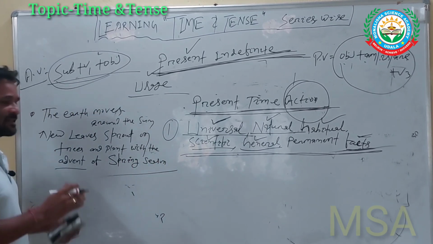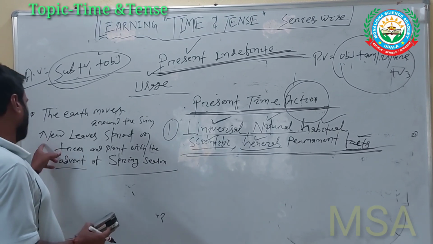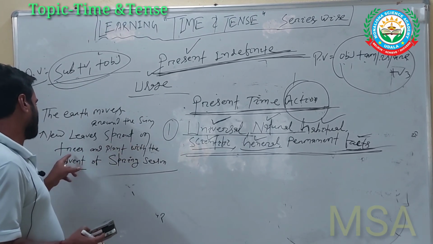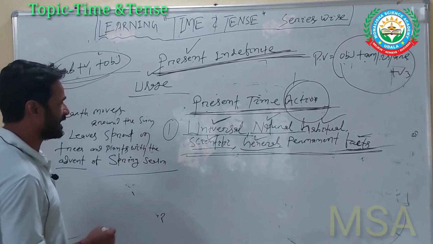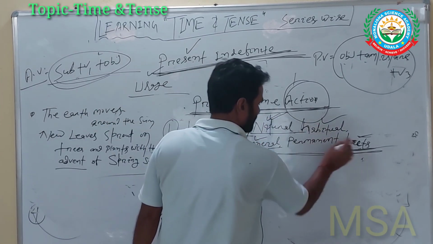So when spring season comes, new leaves sprout on the trees and plants. This is an example of a natural fact.